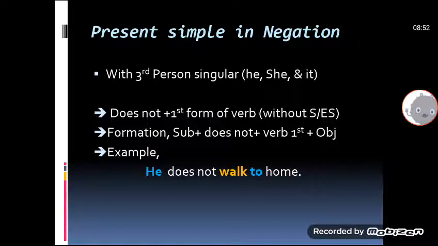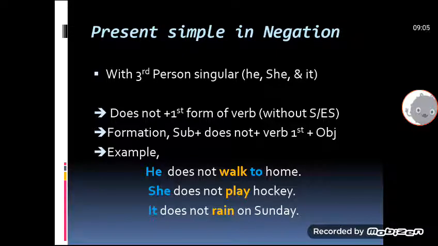He does not walk to home. Clear? And she does not play hockey. Does not, singular, third person singular. Clear? And it does not rain on Sunday. Clear? Now you can see we are not going to use s or es here. Clear?